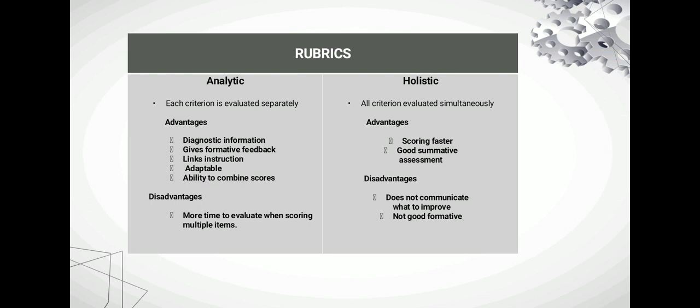It gives formative feedback because it has separate criteria. It breaks down separate criteria in its own holistic ratings, and it links instruction. It is adaptable, with the ability to combine scores. But the disadvantage is that it takes more time to evaluate when scoring multiple items because you grade each one separately.